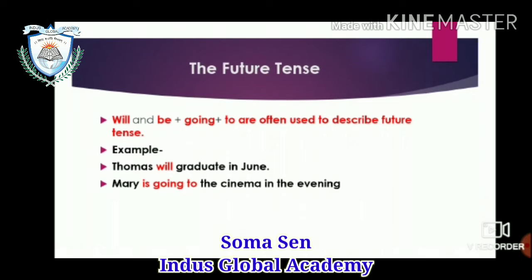So if I am using will, I will not be following will with going to. But if I am using be, then I am going to follow with going and to. And if I am using will be together, then also I am going to follow with the rest of the verbs, that is going and to.